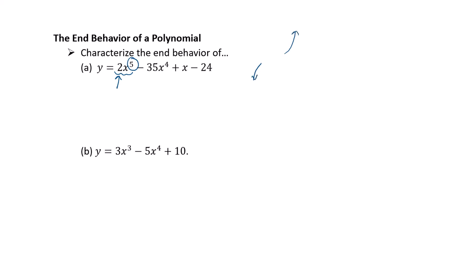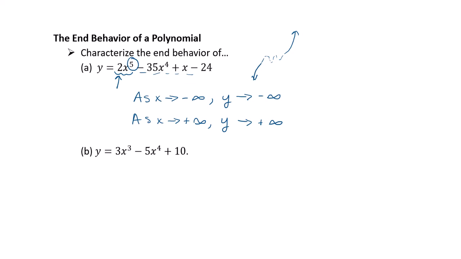When we have all these other terms, it means we're going to maybe have some other twists and turns along the way, but when we're talking about the end behavior, we're starting down and ending up. The way that we write that formally is as x approaches negative infinity, y approaches negative infinity. And as x approaches positive infinity, y approaches positive infinity.